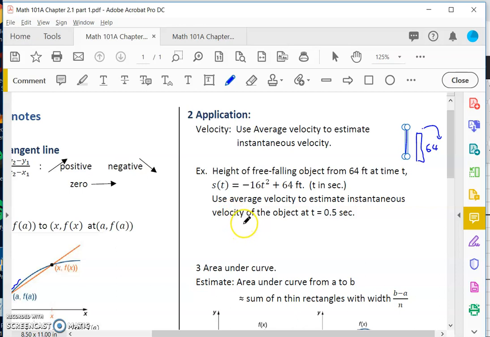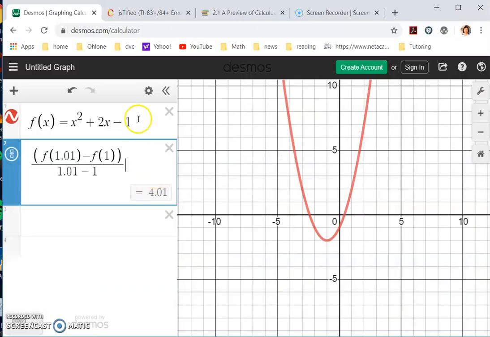We would use an average velocity, say from 0.49 to 0.5. So what is the average velocity at time 0.49? So we would just use decimals again.